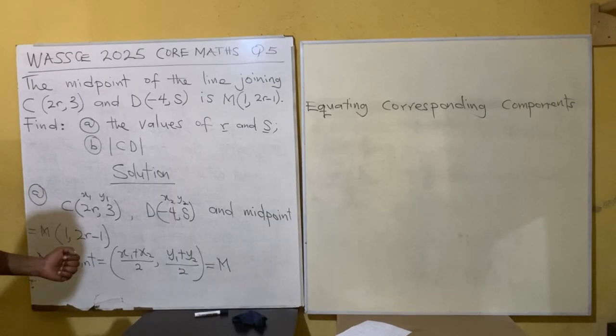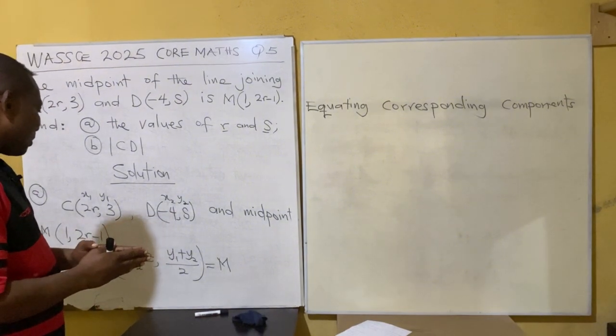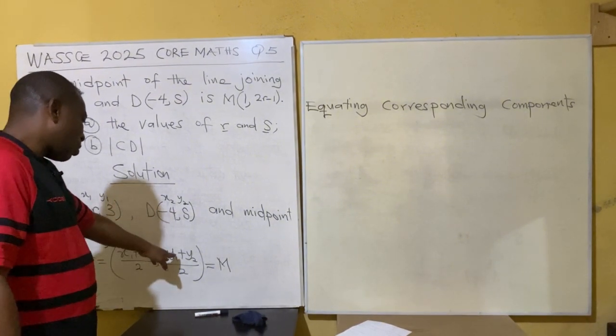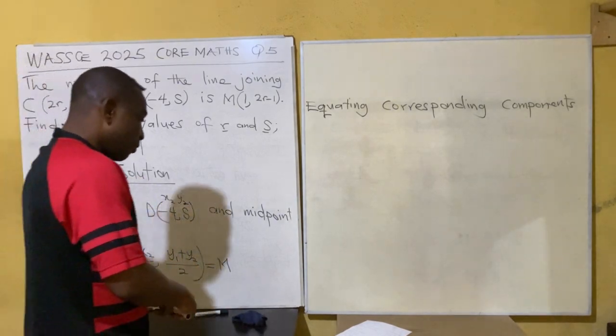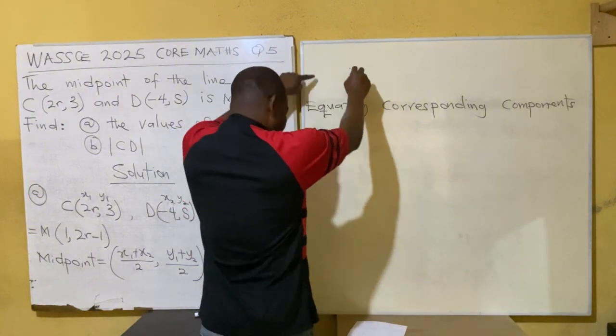So for the midpoint, you add the corresponding x components, divide by 2, add the corresponding y components, and divide by 2.